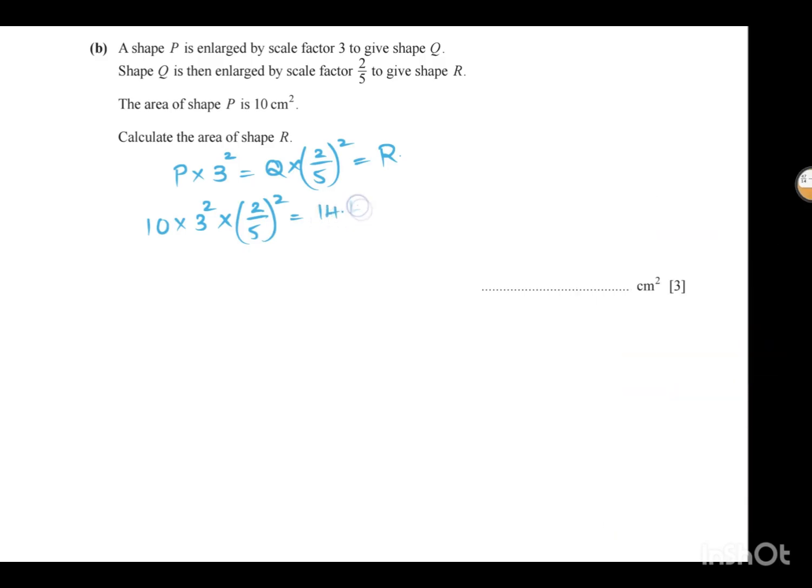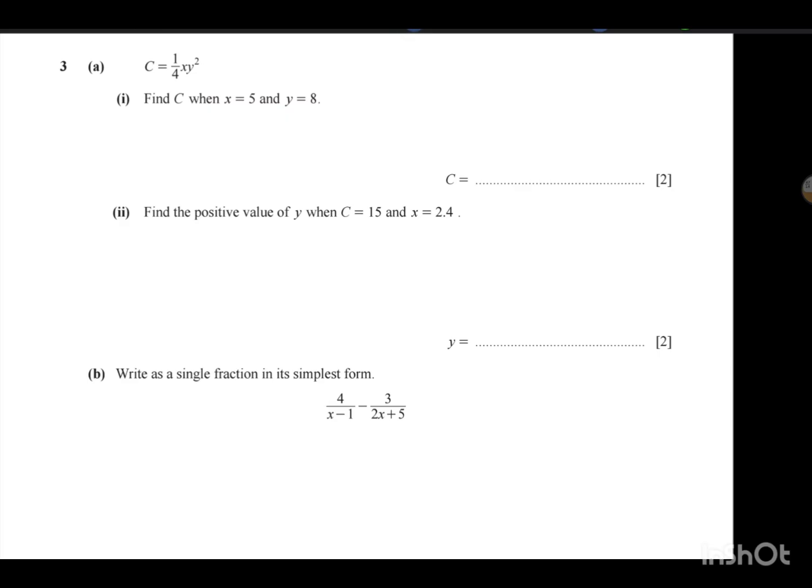So 14.4 centimeters squared will be the area of shape R. This is done. Question number B is done.